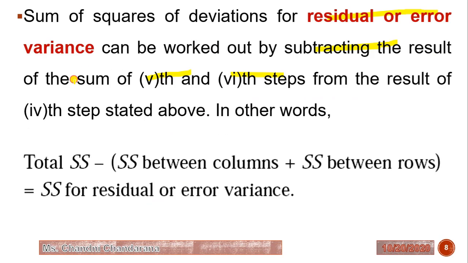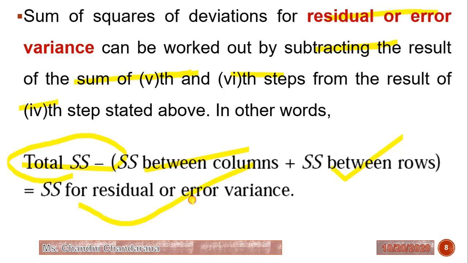So we have to subtract the sum of SS between columns and SS between rows from the result of the fourth step stated above, which is the total SS. Whatever answer we get is known as SS for residual, or error variance.